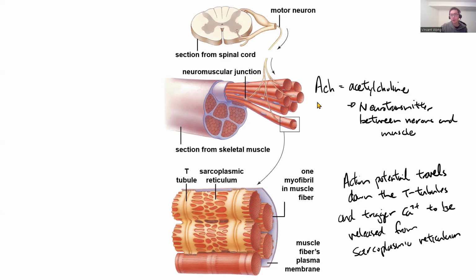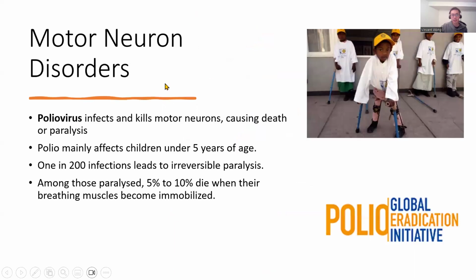Let's just go through a few quick conditions here that you might be interested in. Polio. Okay. Polio viruses infect and kill motor neurons, causing death or paralysis. If the motor neurons are dead, nothing is communicating with the muscle.